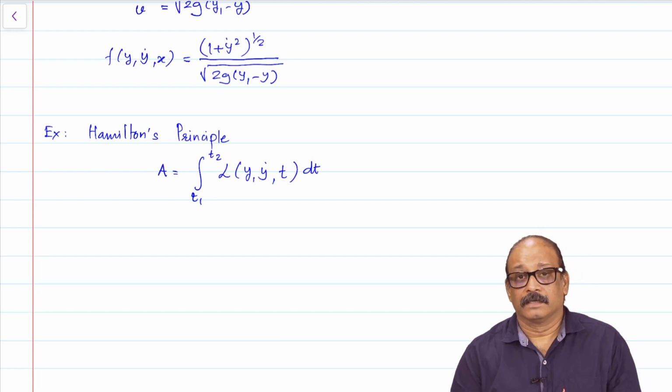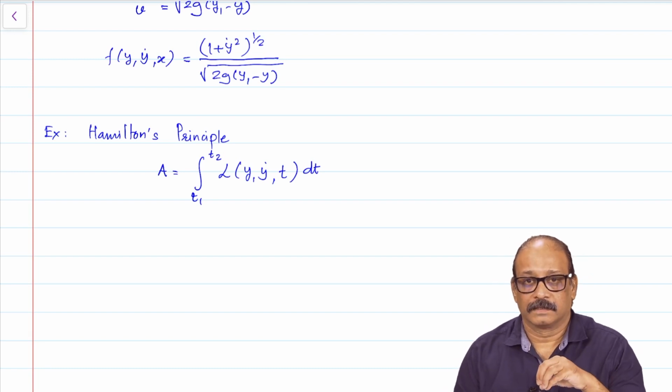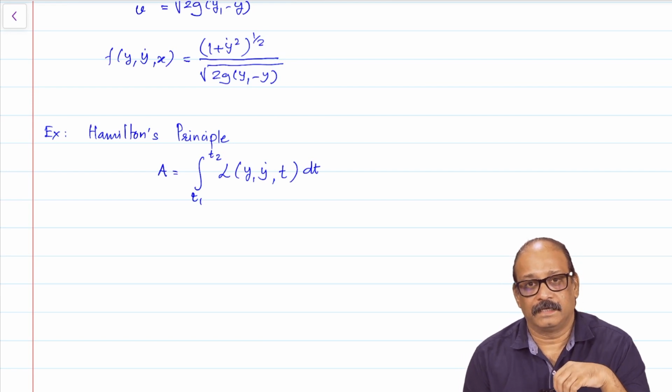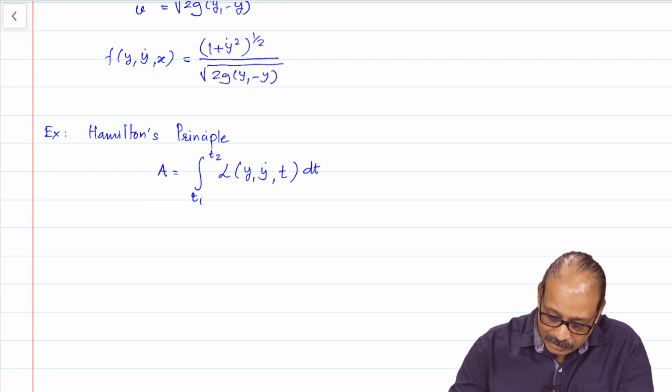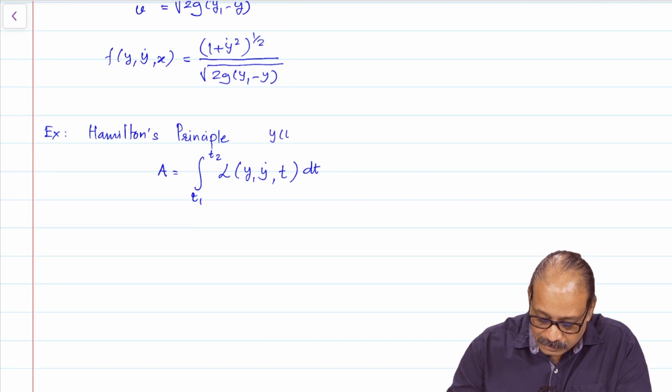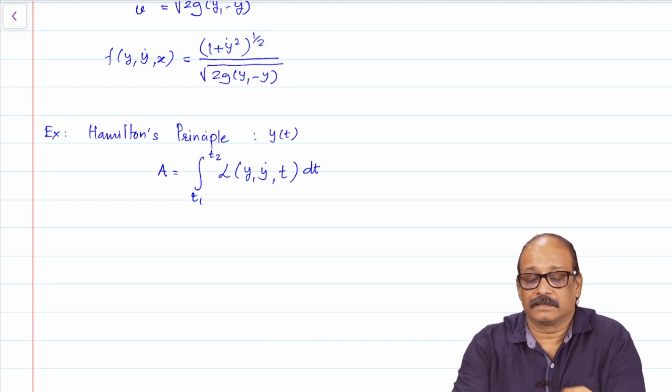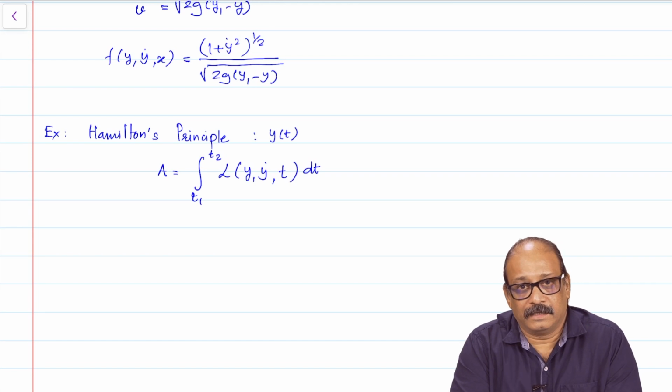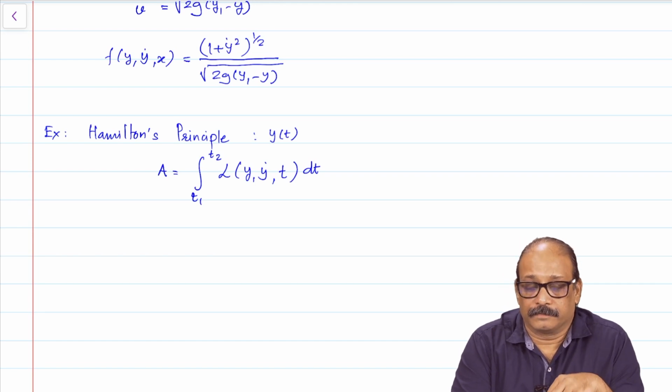Remember here the role of x will be played by time and y dot here is basically dy by dt, and y of course is posed as a function of time t, and this is the path that we are assigning the action to.